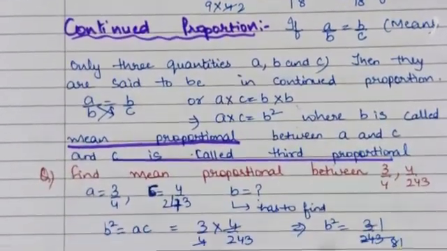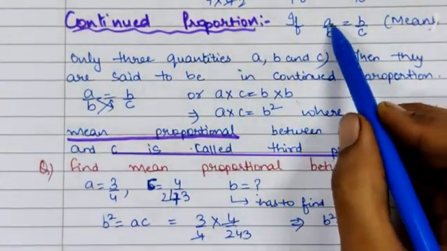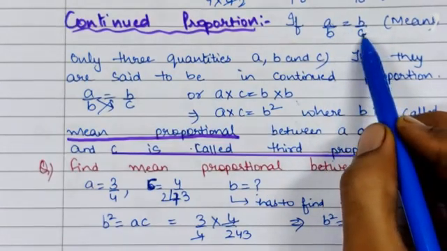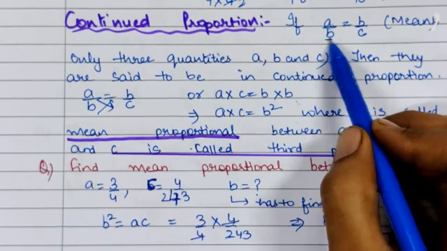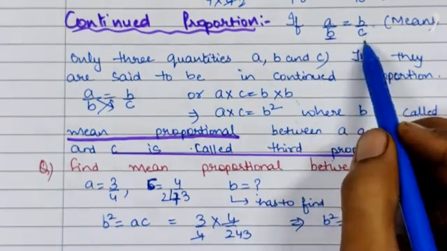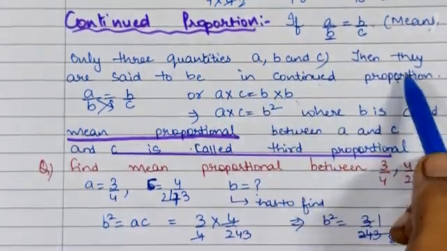Next topic is continued proportion. If A upon B is equal to B upon C, if you see carefully, this second term and third term are the same. Then the numbers will be said to be in continued proportion.